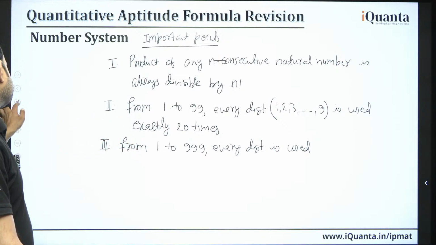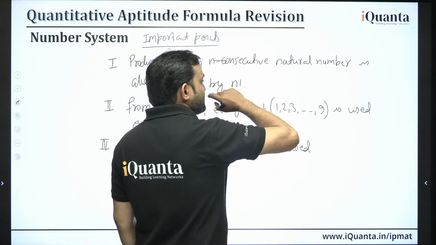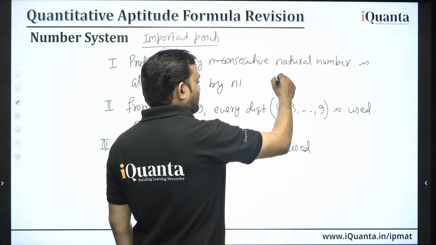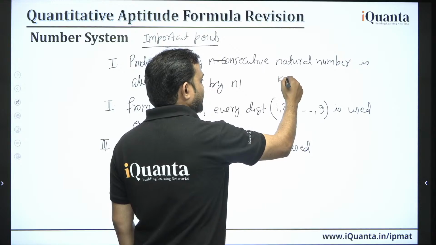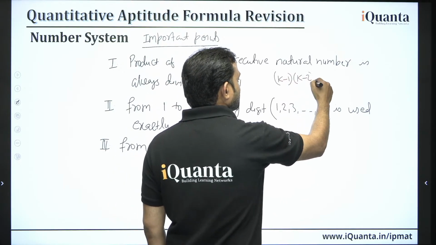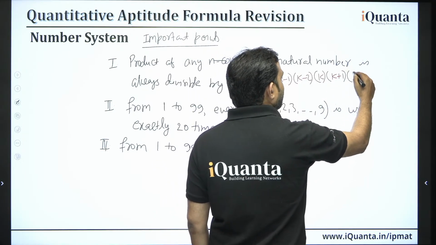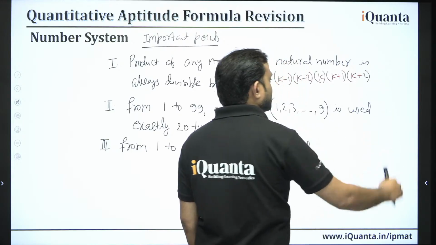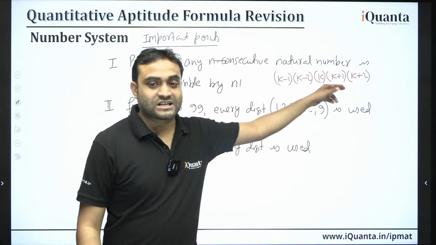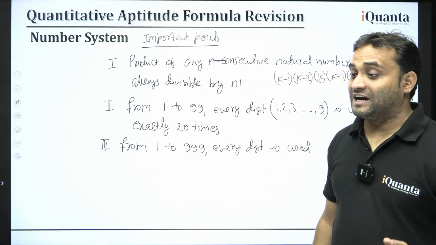Example of the first, okay, see, if I ask you this, let's say k minus 1 into k minus 2 into k plus 1 into k plus 2. If k is an integer, this product is always divisible by which greatest value?